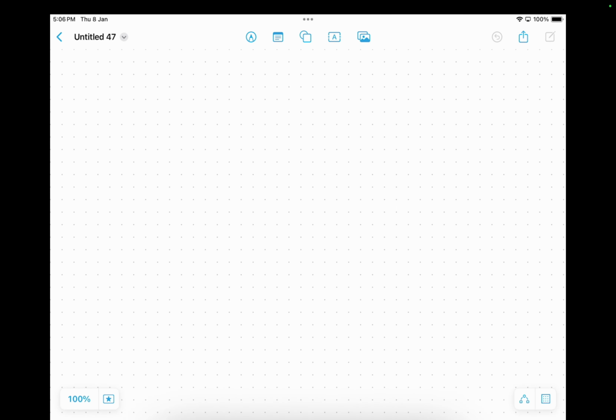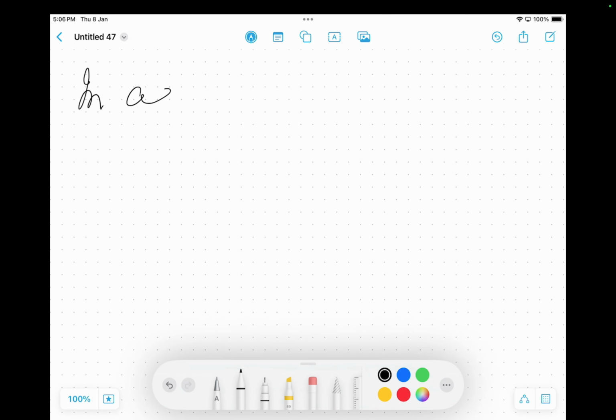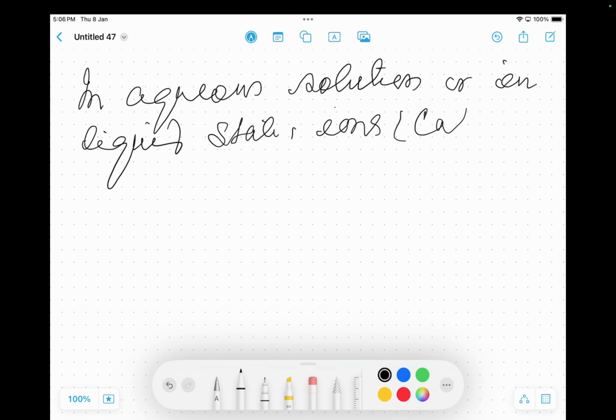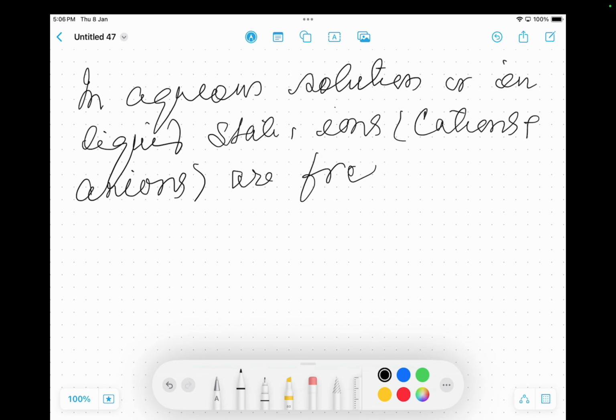The answer is, in aqueous solution or in liquid state, ions, meaning cation and anion both, are free and mobile.